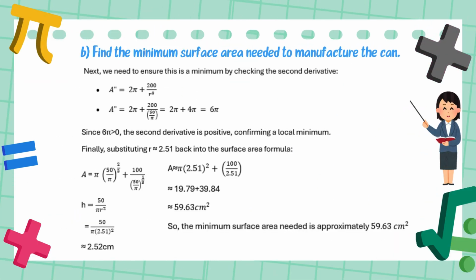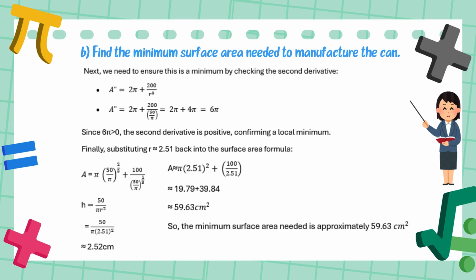Next, we need to ensure this is a minimum by checking the second derivative. If the second derivative is positive at the critical point, it confirms that we have a minimum. With the radius found, we calculate the exact surface area by substituting this radius back into the original surface area formula. Through this process, we find that the radius r approaches 2.51 centimeters, resulting in the minimum surface area.